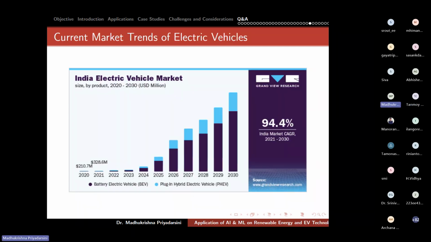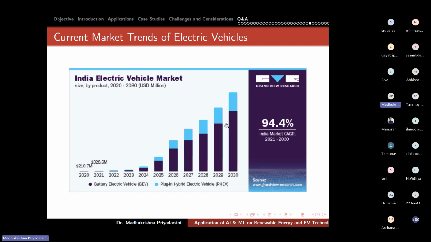This is the current market trend for electric vehicles from 2020 to 2030, and how they are going to increase. Battery electric vehicles and plug-in hybrid electric vehicles are different, and the use of battery electric vehicles is more than plug-in ones.